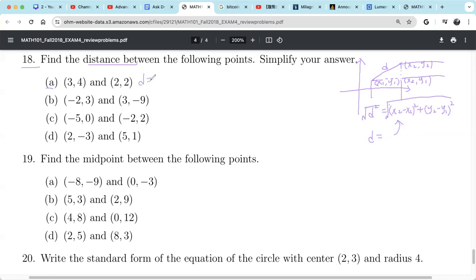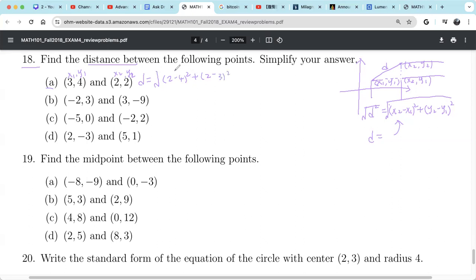So the distance between those 2 points is the square root of, let's call this x2, y2, and the first one x1, y1. So y2 minus y1, which is 2 minus 4 squared, plus the difference in x, which is 2 minus 3.